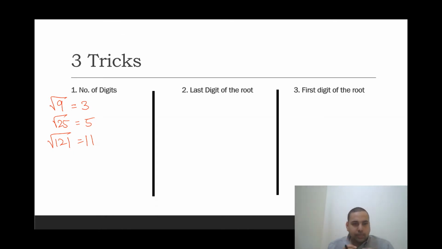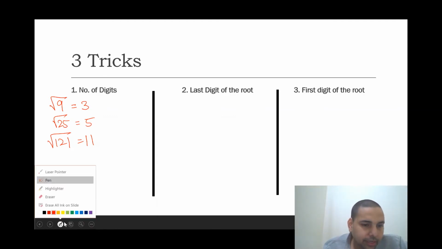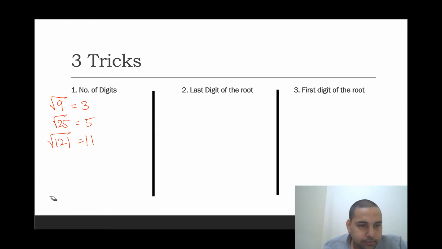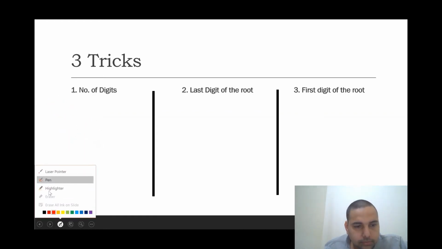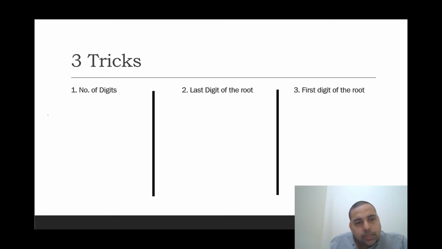Square roots are usually in groups of 2. Okay? If I have a very large number that has, let's say, 7 digits. Okay? So 6, 4, 5, 9, 8, 3, 41.